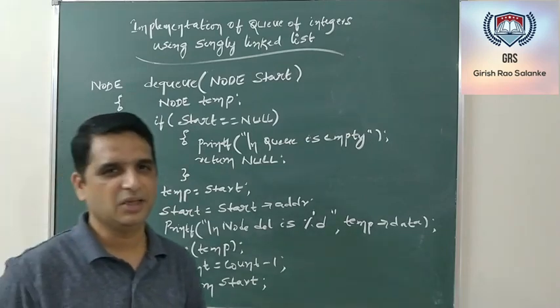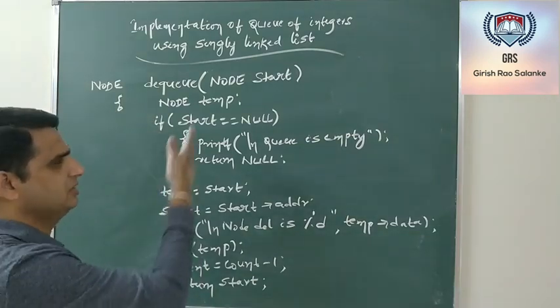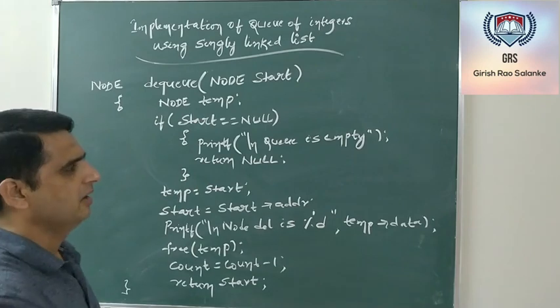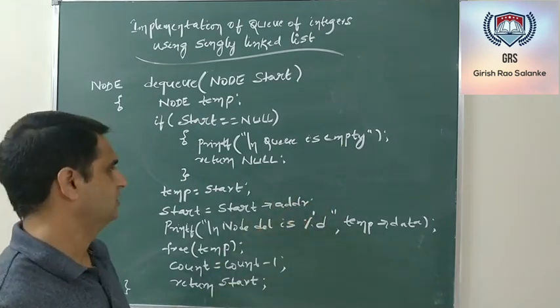This is about the dequeue function. This is almost nothing but okay, we are rewriting the same deletion from the beginning of the list.